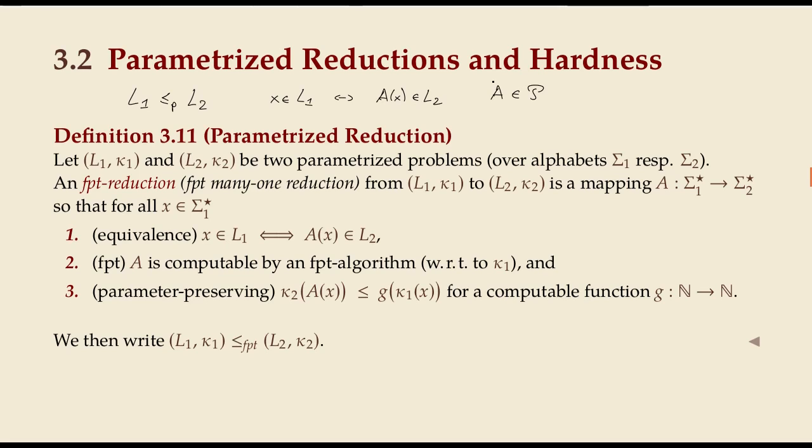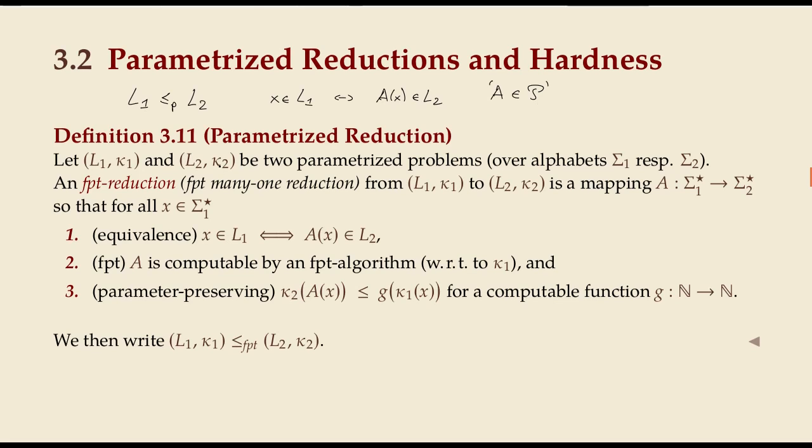Let's write it sloppily like this. A is a mapping between languages, so it's not a decision problem, but this is just a shortcut for saying A has polytime. Now we'd like to generalize this to parameterized problems.